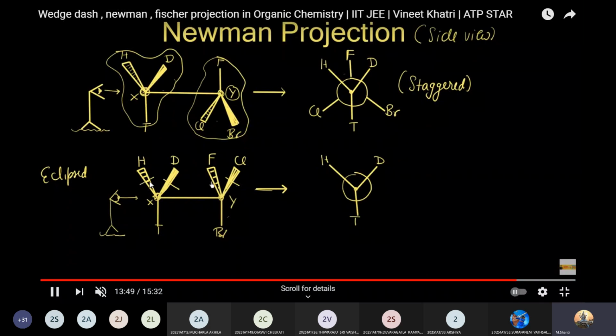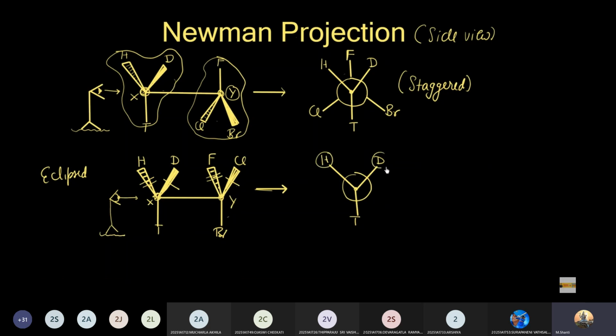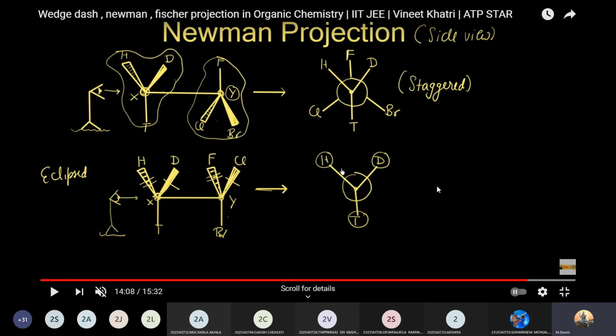Below the hydrogen, which group do you have to draw? Hydrogen and F are both oriented in a similar direction, that is the left direction. So below the hydrogen, which group are you expecting here? Come on, girls. I've just paused the video.